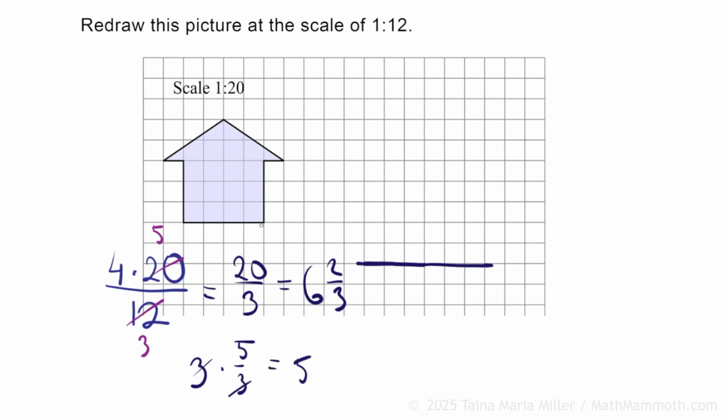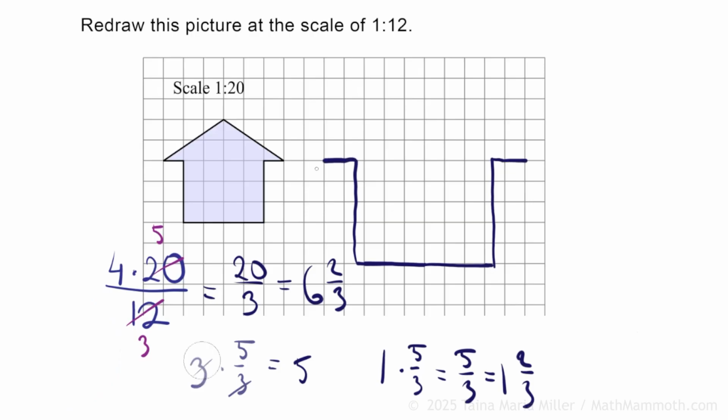The 3 will become 5 units up. Then I have my 1 unit here. Well, 1 multiplied by 5/3 is just 5/3, or 1 2/3. So 1 unit and 2/3 this way. This is the 2/3, and then 1.